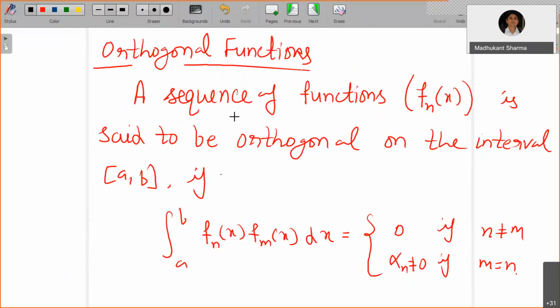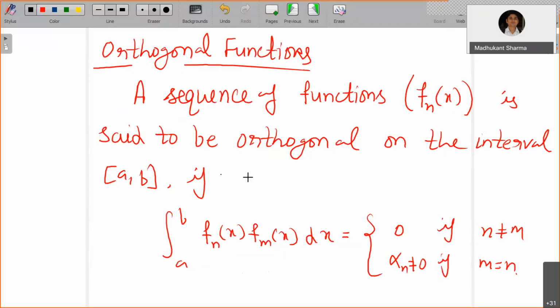We say a sequence of functions f_n(x) is said to be orthogonal on the following interval. We have already worked over it, but now you are going to identify whether a sequence is orthogonal. So we are going to give some definition to some special type of sequence of functions.